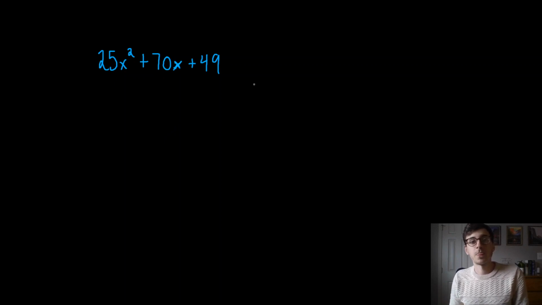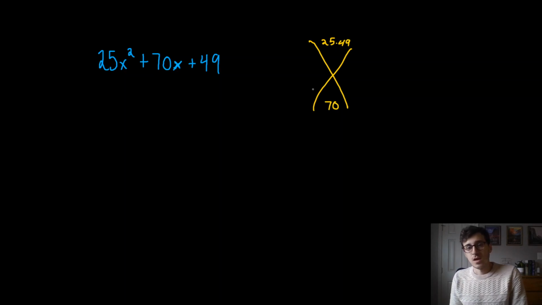And just like in the last example, you could factor this using methods you've learned before. You could use the big X method, right? And say, okay, the top is 25 times 49 and the bottom is 70. And go from there, right? Finding two numbers that both add to 70 and multiply to whatever this very large number is, and then factor from there. But of course, that's a lot of work.